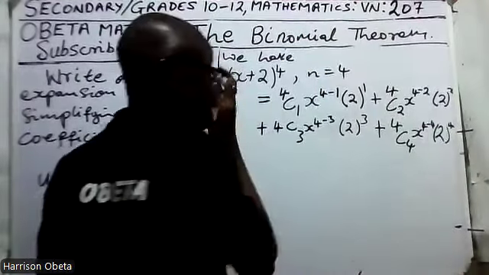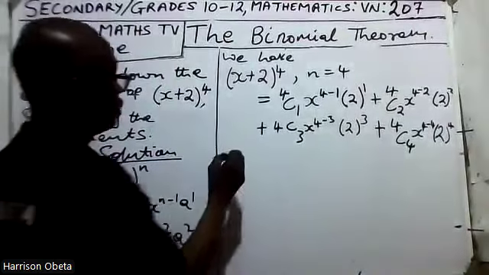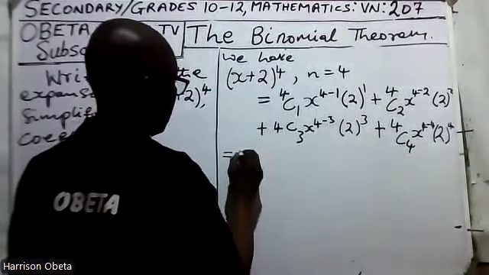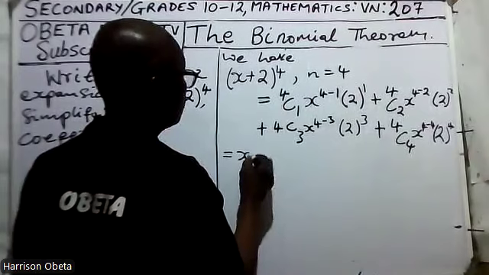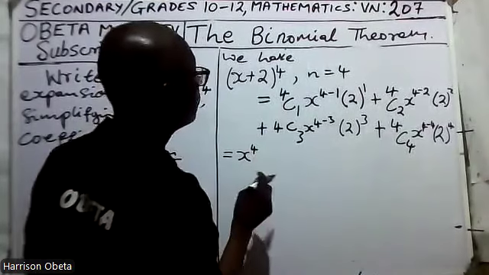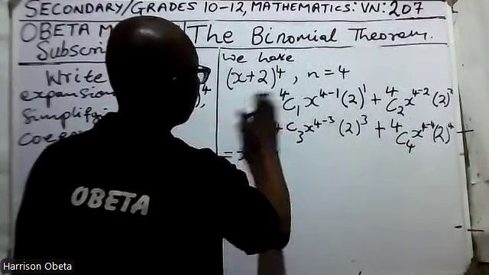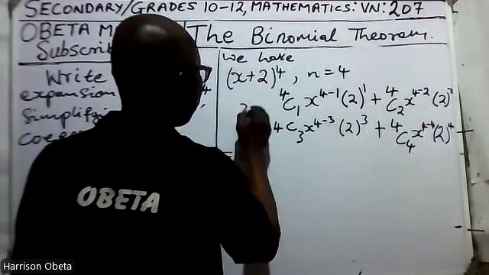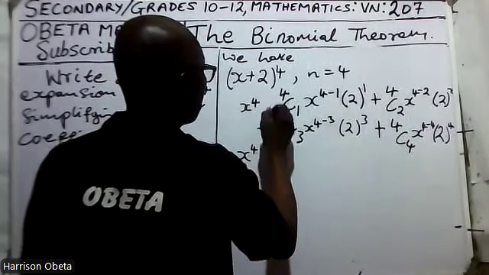Okay, the explanation now. This will give us x raised power 4, which is the first one.